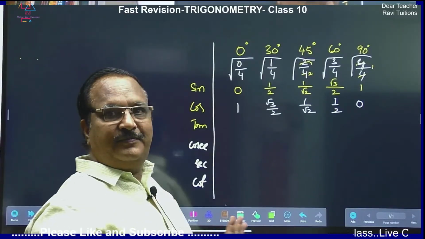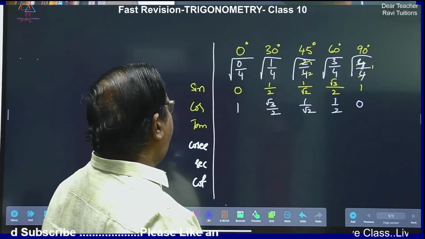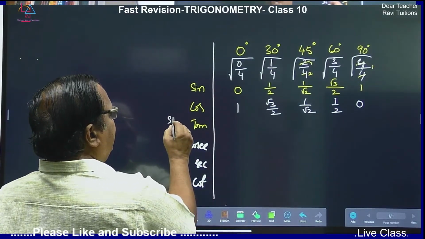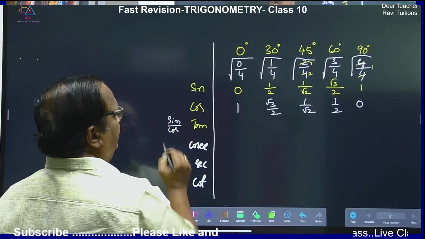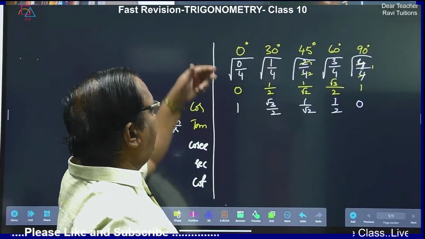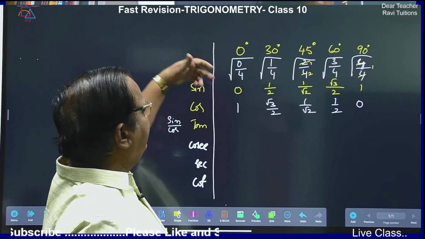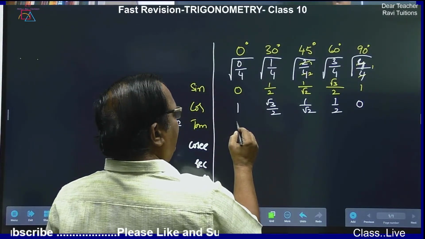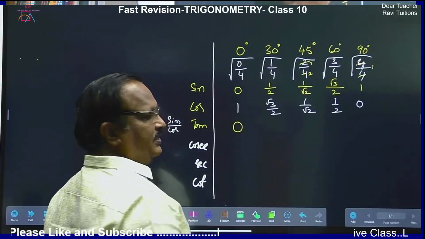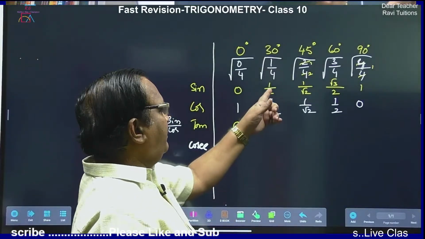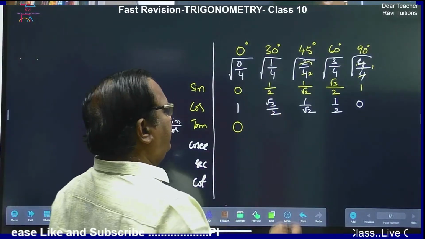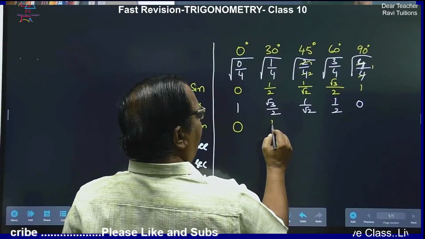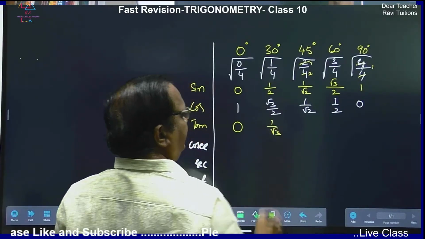Now tan, how to get tan? Tan is nothing but sin by cos. So sine values divided by cos values. 0 by 1, 0 by anything is 0. Now 1 by 2 by root 3 by 2, the denominators get cancelled, it is equal to 1 by root 3.